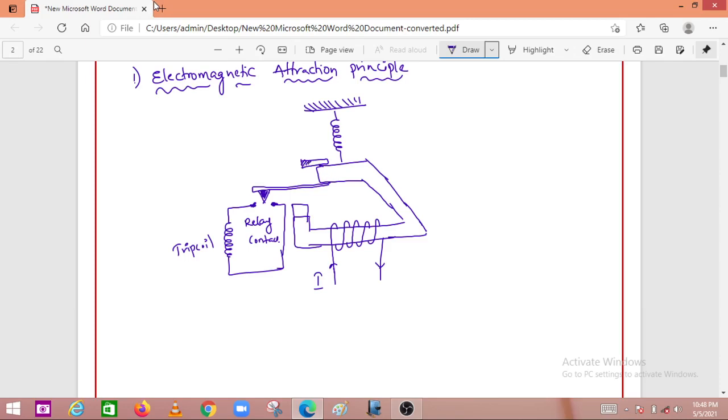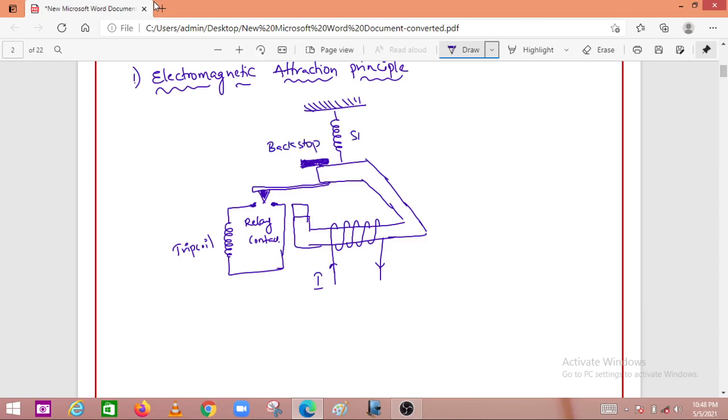What is the purpose of using backstop? Backstop will be used for stopping the plunger from moving in the upward direction. It is just like a restraining torque used for the relay.